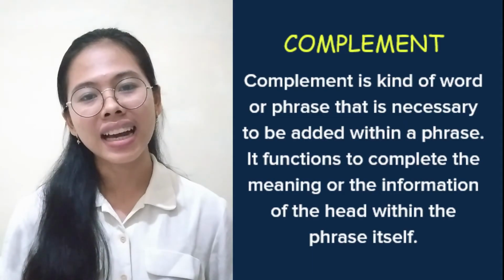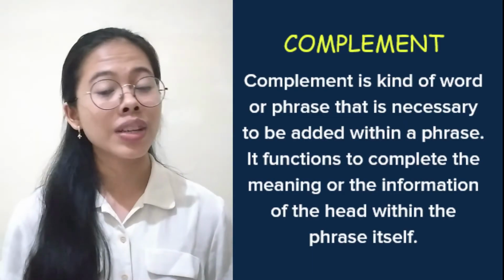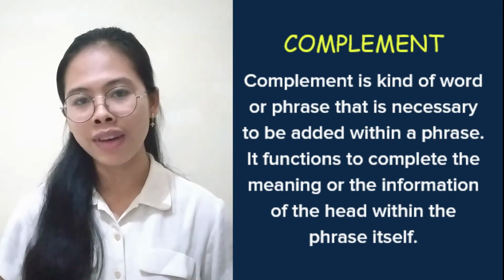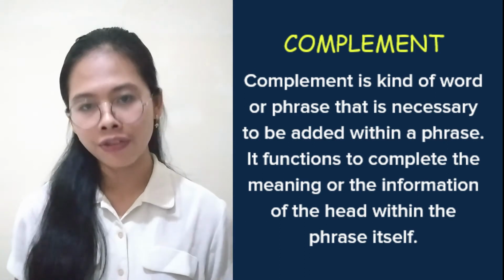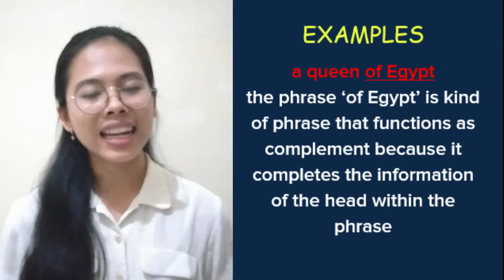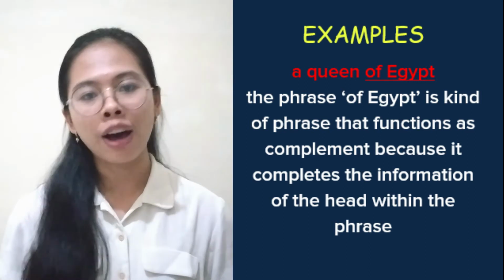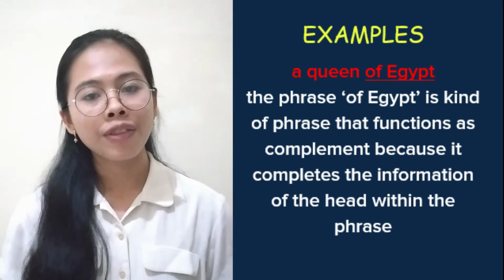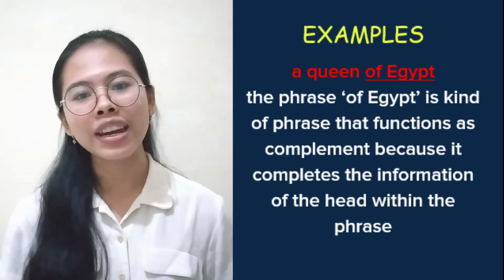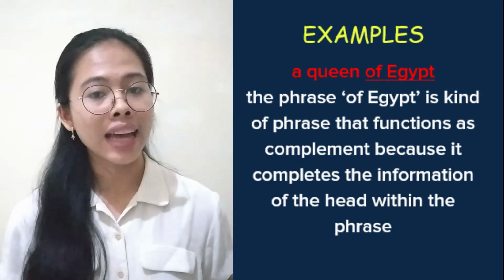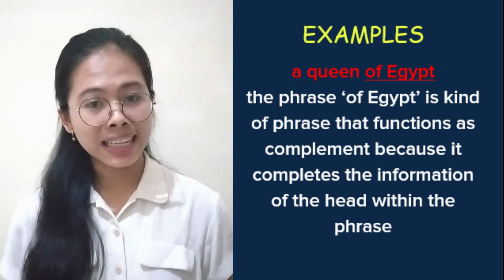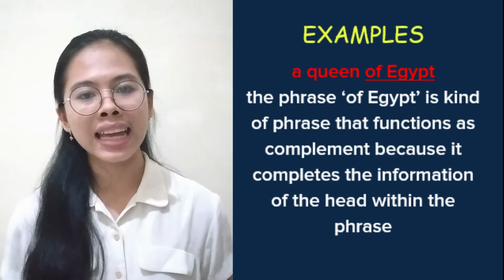The third one is complement. So what is a complement actually? A complement is a kind of word or phrase which is really necessary to be added within a phrase, because it will complete the meaning or the information about the phrase itself. Take an example: a queen of Egypt. So the phrase of Egypt is a kind of complement because it completes the meaning of the head of the phrase, which in this context is queen.